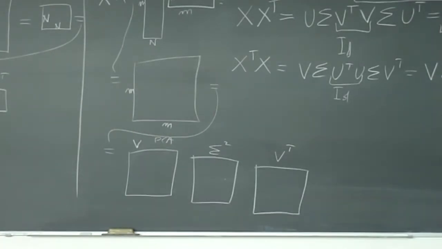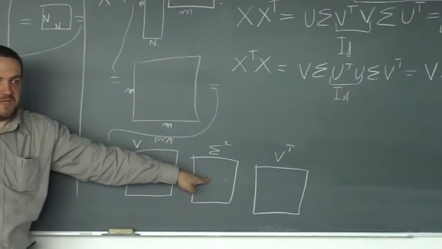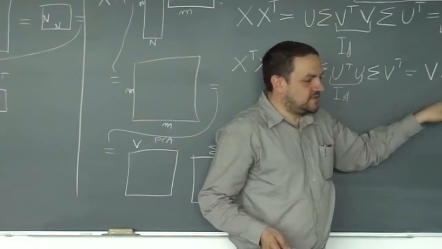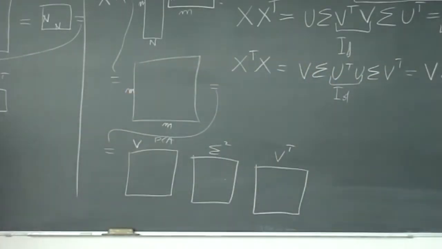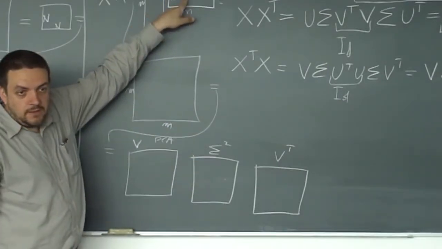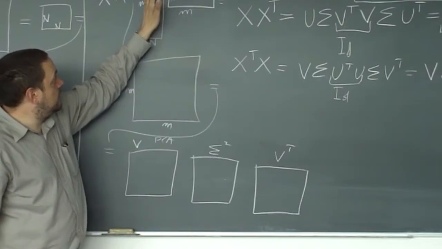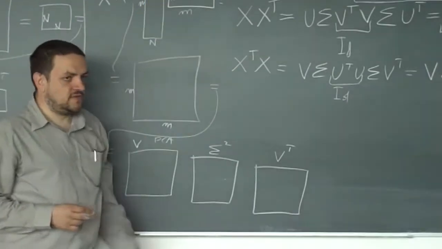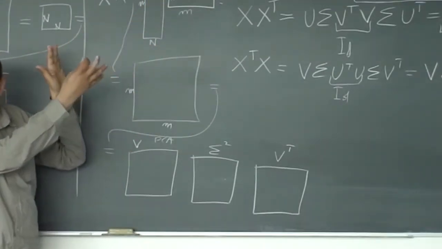Now the question is, how can this matrix and this matrix be the same, given that both equalities lead to the same values? How is it possible that this and this are the same? Actually, this very large matrix has been obtained by matrices that have much fewer rows or columns than the equivalent square matrix.